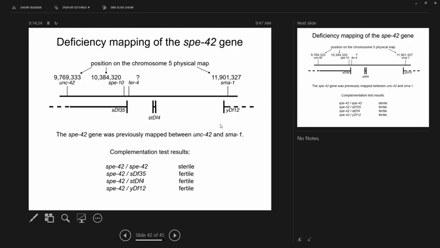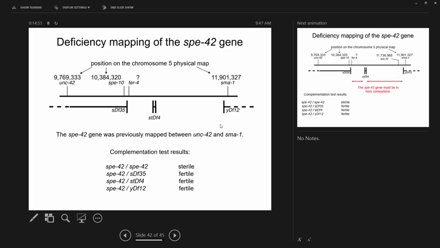So here's an example of deletion mapping that I did when I was trying to clone, or figure out the identity of, one of these sterile genes. This is a physical map of C. elegans chromosome 5. UNC42, SPE10, and SMA1 are genes that have already been cloned.